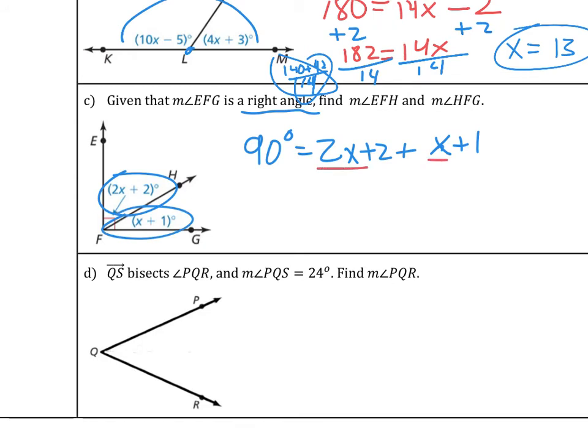So setting up the equation is probably the most challenging part. Well, sometimes solving the equation can be challenging. 2 plus 1 is 3. And we can subtract 3. We get 87 equals 3x. Then we can divide by 3.